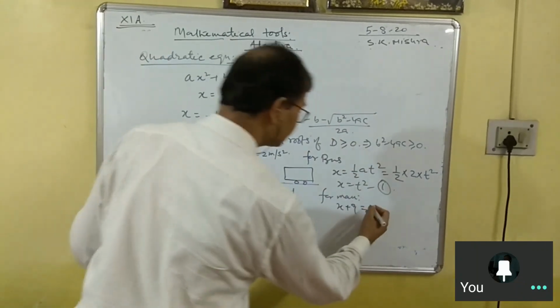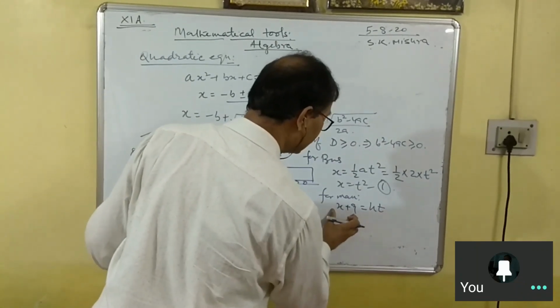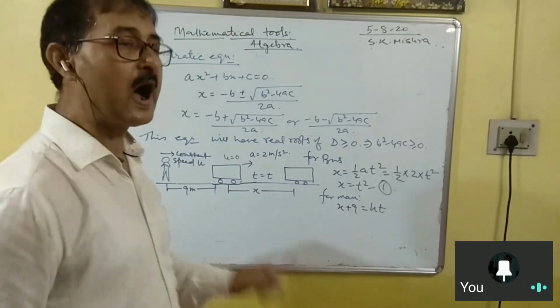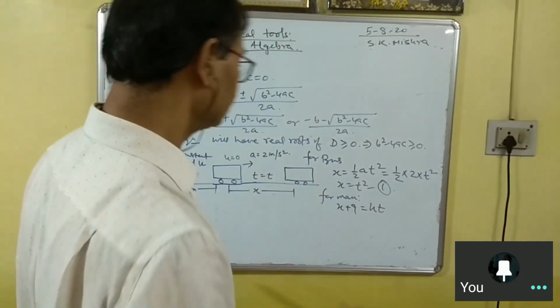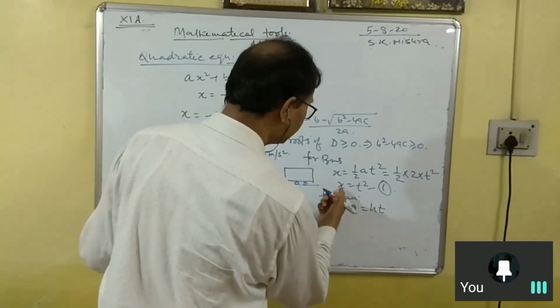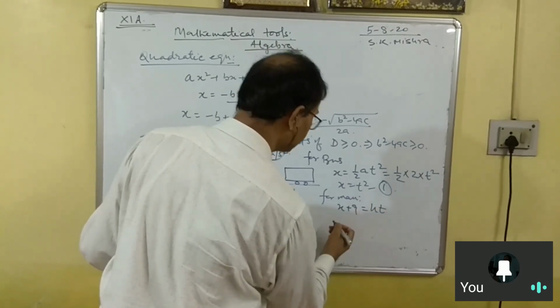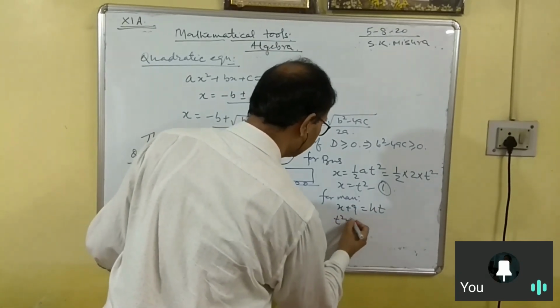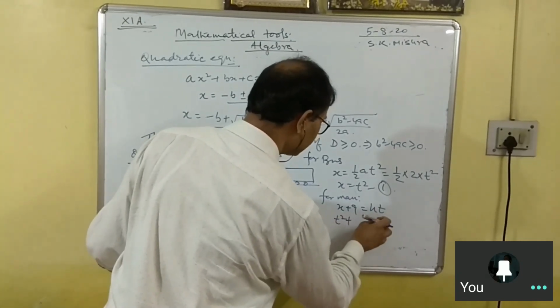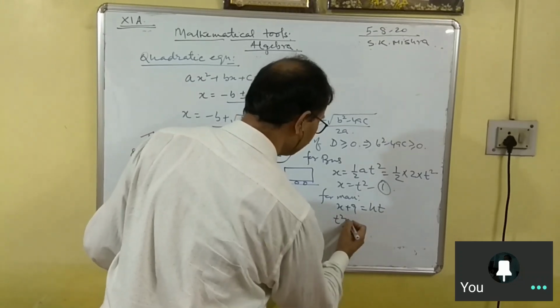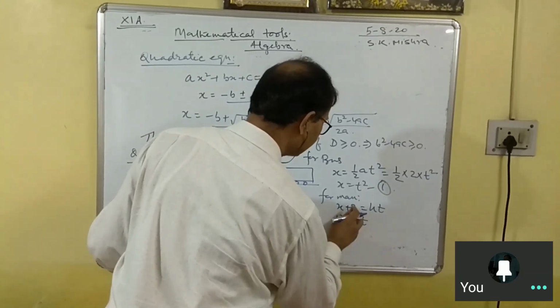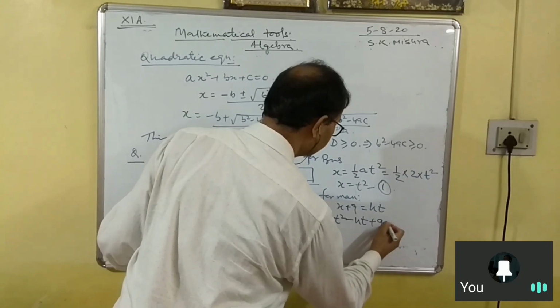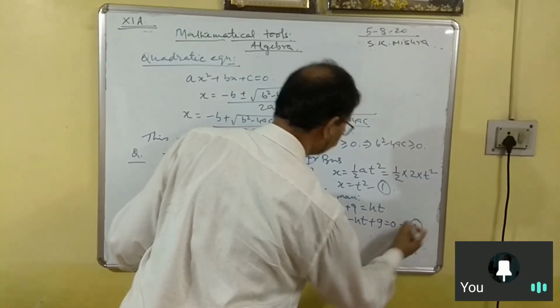So then it is u into t. s is equal to ut plus half at square, and the acceleration term will be 0. So now just replace x here by t square. Then it is t square, and you just take ut this side. So t square minus ut plus 9 is equal to 0. Consider it as equation 2.